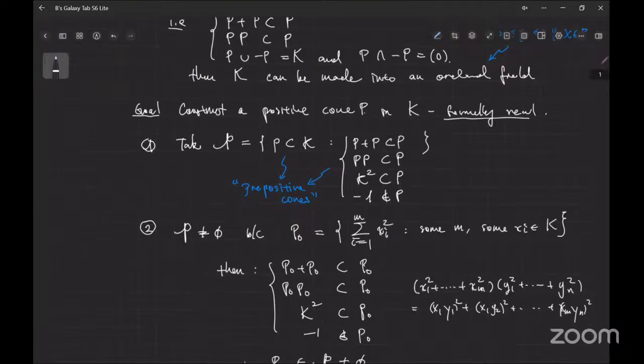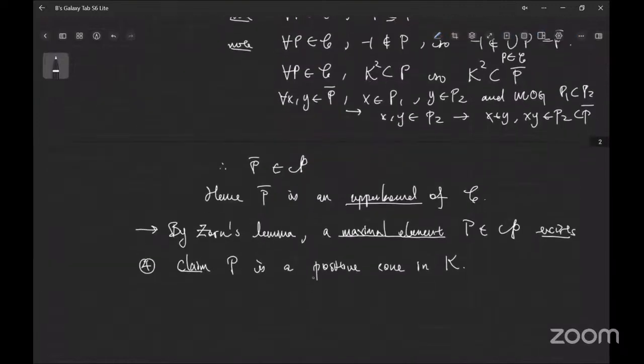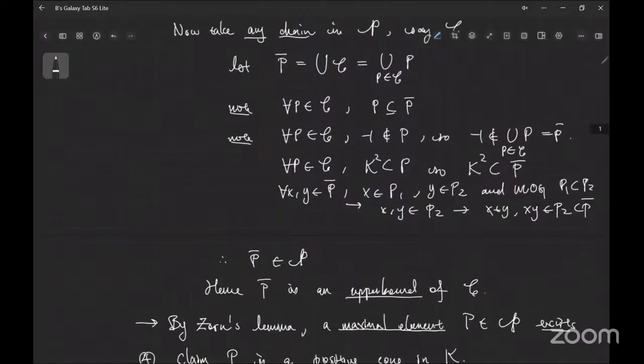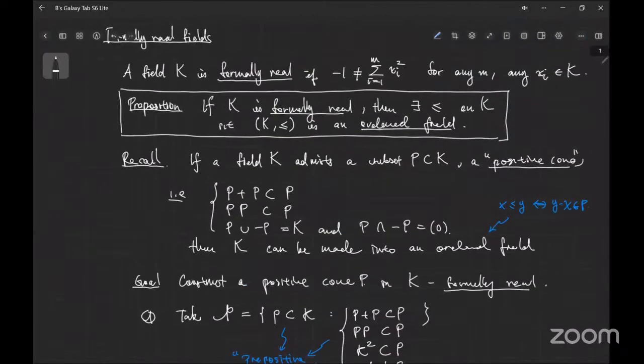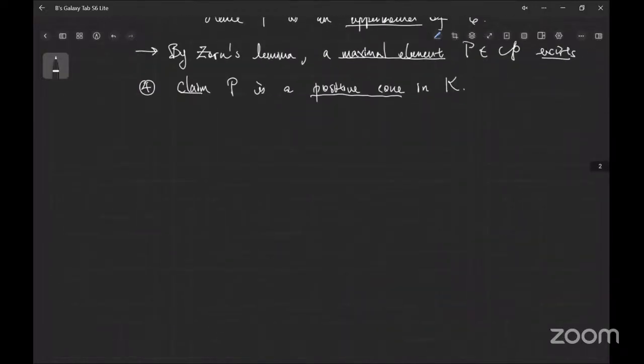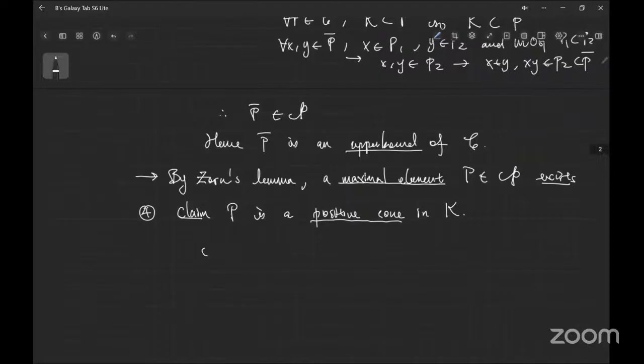Okay, so let's see. How do we show that P is a positive cone? Well, to show something is a positive cone, remember it has to be closed under addition and product, the union with its negative is everything, and the intersection with its negative is just zero. Because P is part of the collection, we already know that P is closed under sum and P is closed under product.